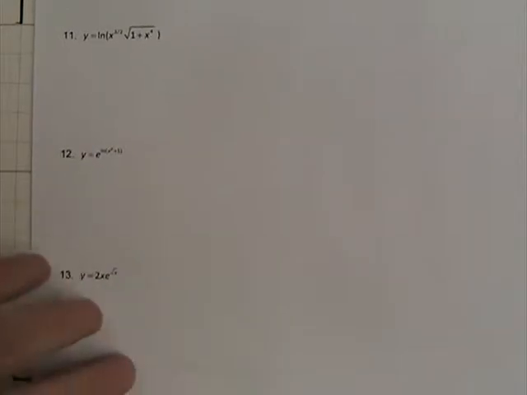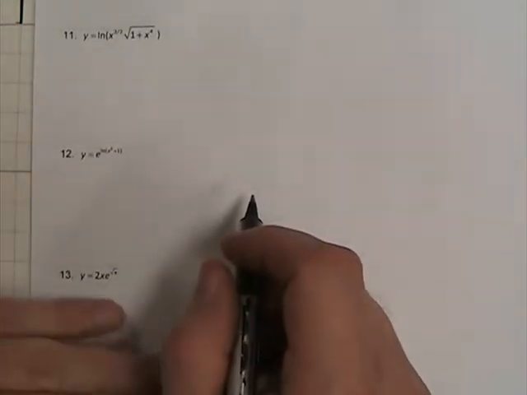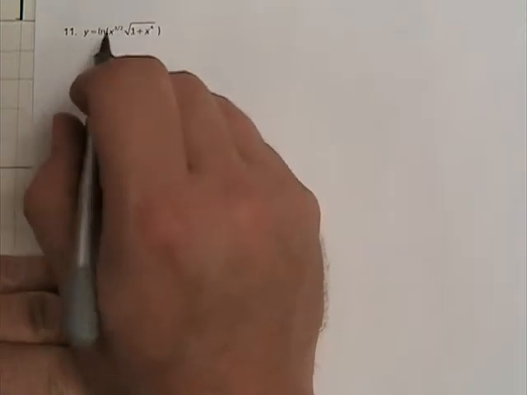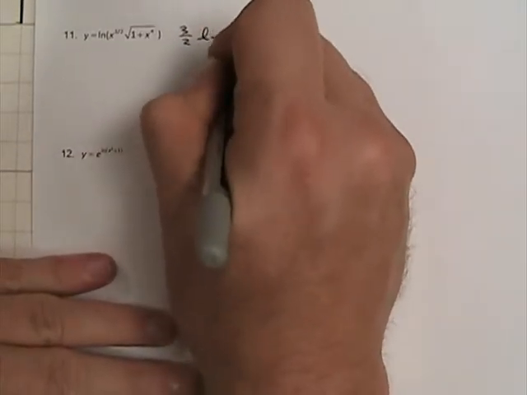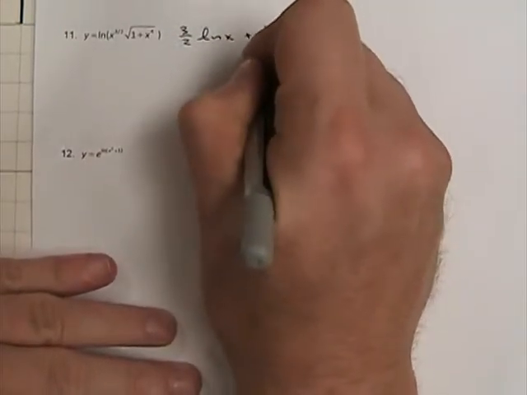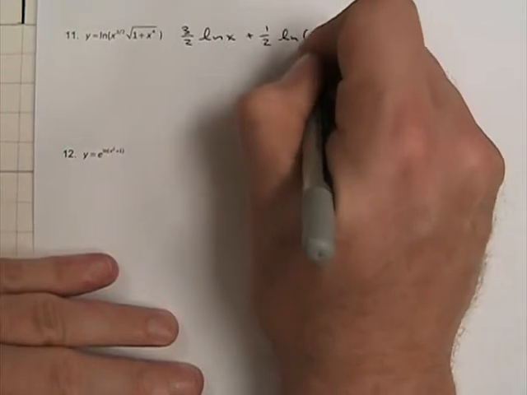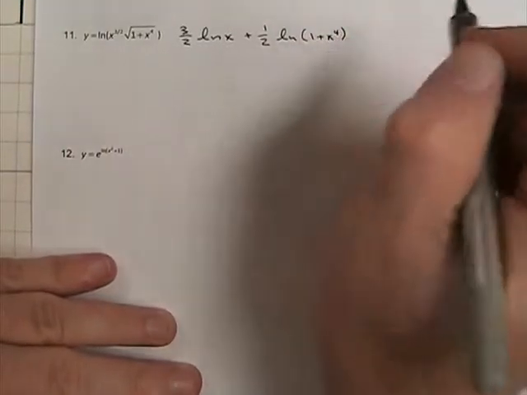Number 11. Let's use the properties of logarithms again. Addition and multiplication. So this becomes 3 over 2 ln x plus 1/2 ln of 1 plus x to the 4th.